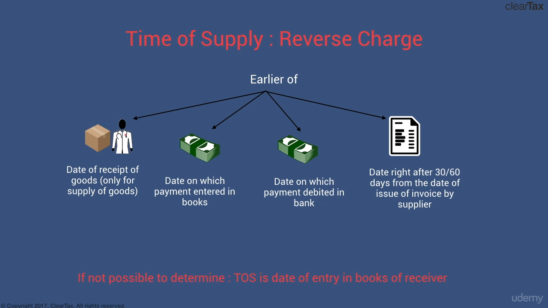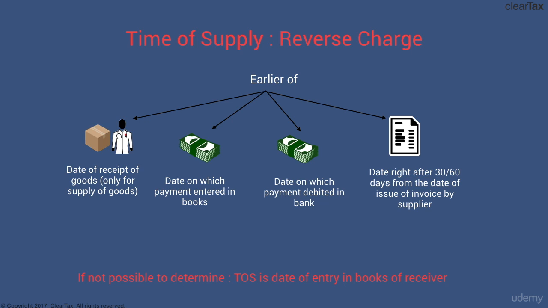Second, the date on which the payment is entered in books, the date on which the payment is debited in the bank, and the date right after 30 days in case of goods or 60 days in case of services from the date the supplier issued the invoice. And if none of these dates are possible to be determined, then the time of supply is the date of entry in the books of the receiver.